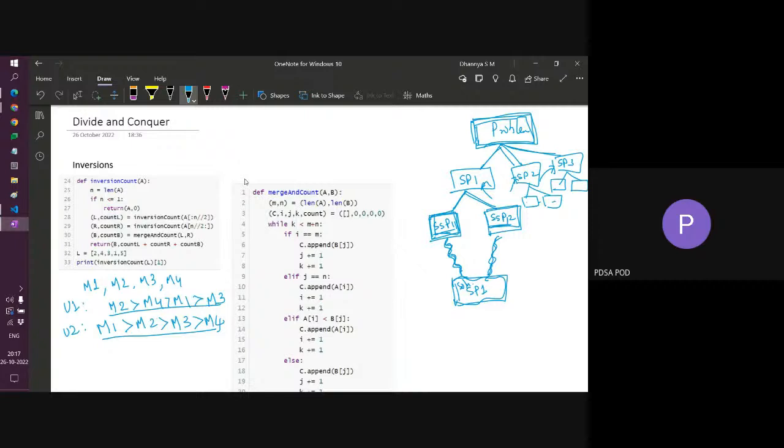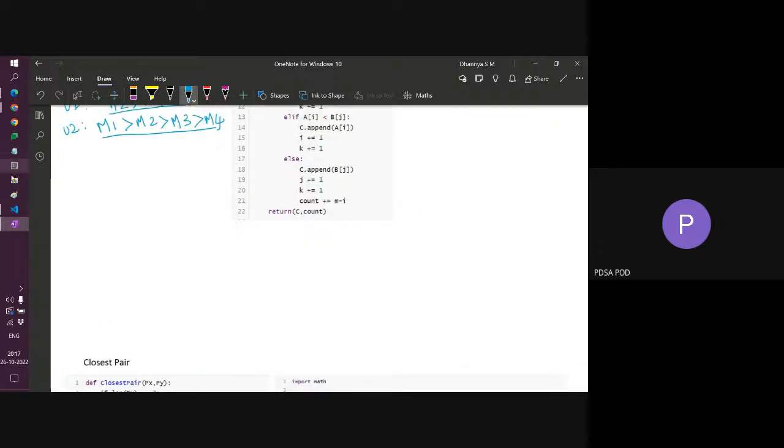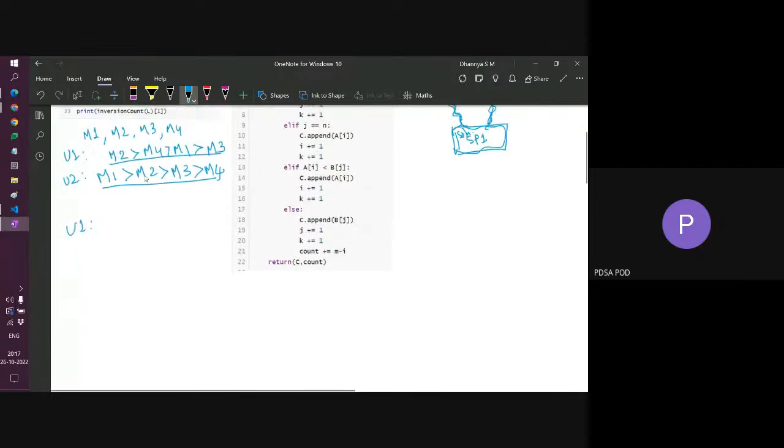So what is this inversion? So here, as I said, user 1. For ease of usage, I'm just going to represent it using simple numbers so that it is easier for us to apply this algorithm. Okay. So user 1 has said M2, M4, M1 and M3, right? This is the order.